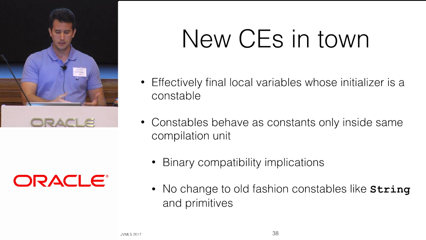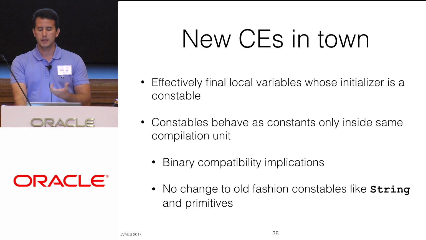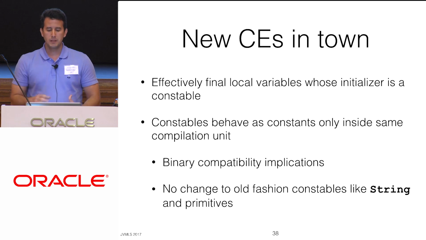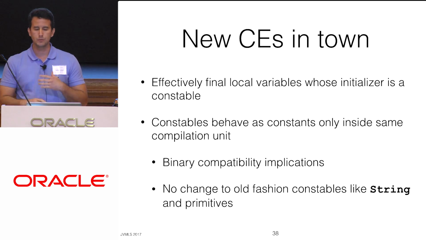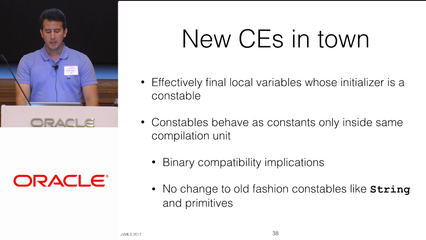If you use it as an effectively final local variable, the compiler will track it, and if the compiler can prove that it's effectively final, it can use it as a constant expression. But we have limited the constables to behave as constants only inside the compilation unit, because we didn't want binary compatibility implications with this, and there is no change to already existing constants like strings and primitives.